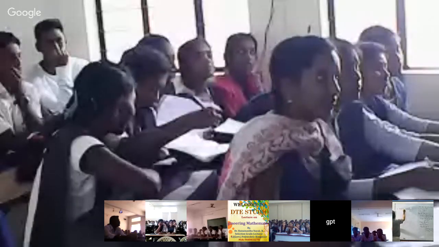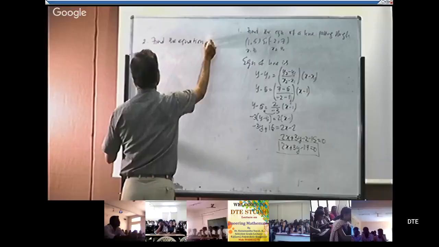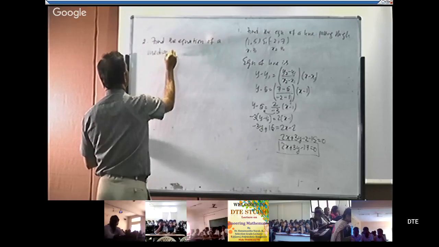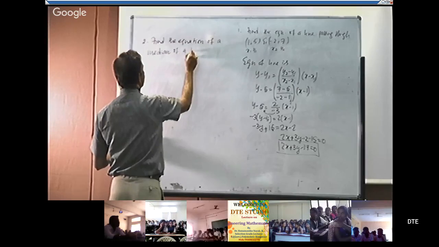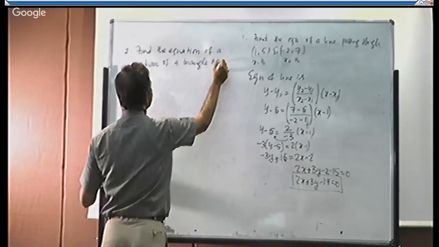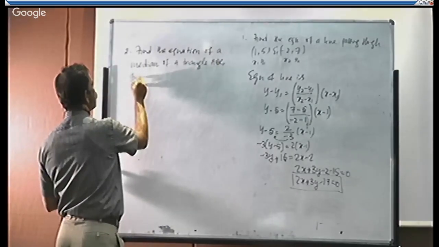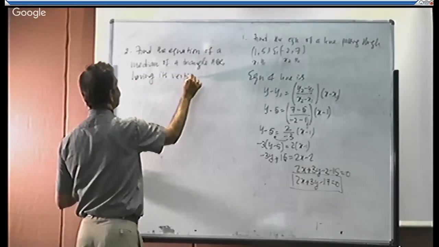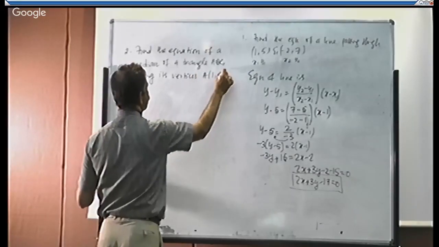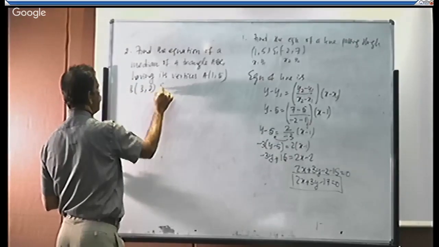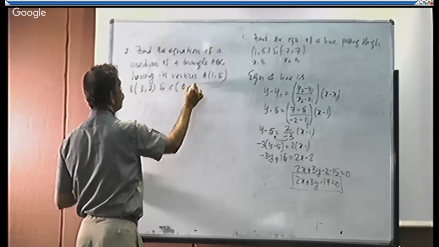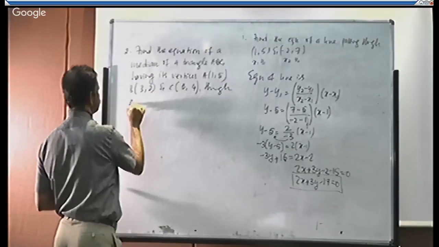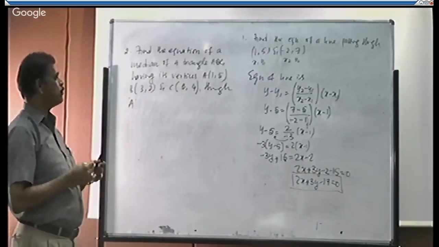So let's find the equation of a median. Find the equation of a median of a triangle ABC having its vertices A of 1, 5, B of 3, 2 and C of 5, 4, through A. Observe carefully.